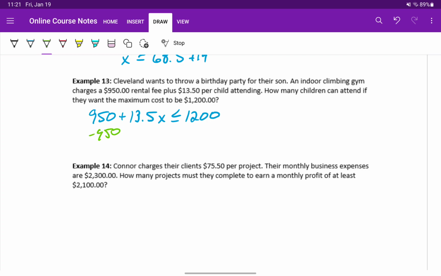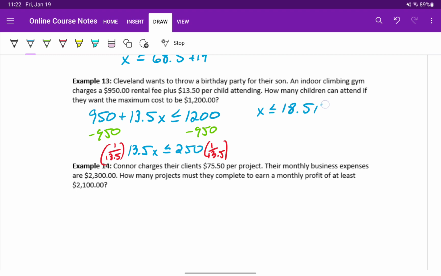We'll first subtract $950 from both sides to get 13.5x is less than or equal to 250. Then we'll divide both sides or multiply both sides by 1 over 13.5, which will give us x is less than or equal to 18.5185.